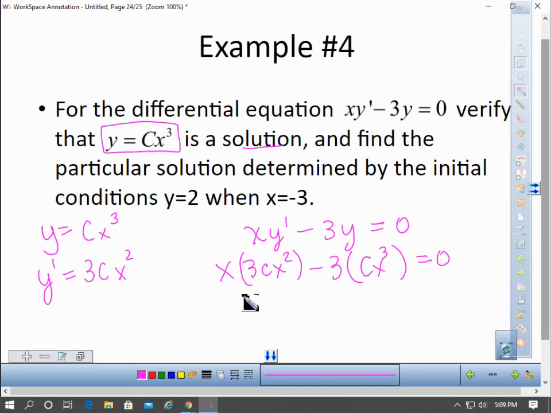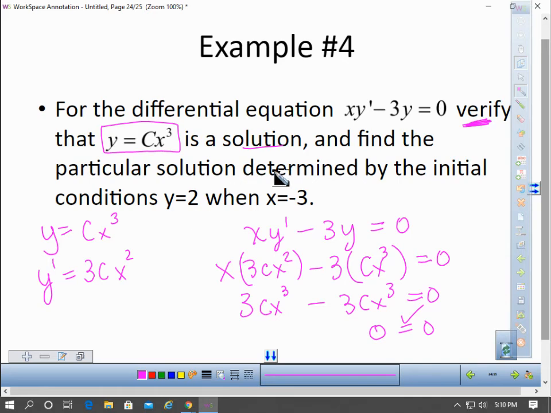This gives me 3cx cubed minus 3cx cubed equals 0. So of course, 0 equals 0. So yes, we have verified that that is a solution to that differential equation. Of course, it just said verify that it is a solution, so it should have been. So if it wasn't, we've done a math error somewhere.